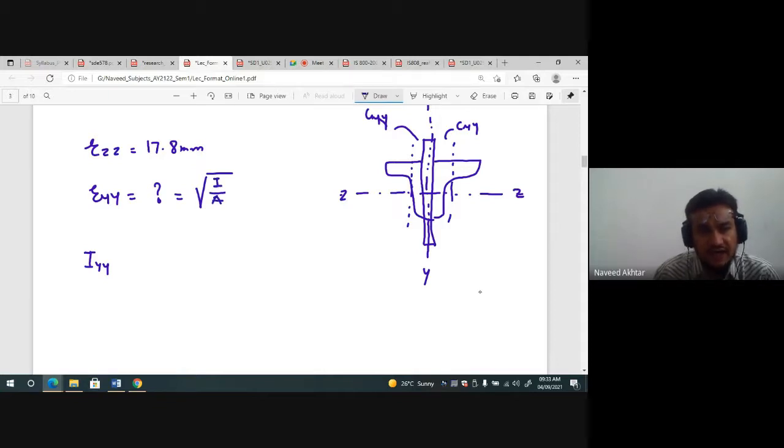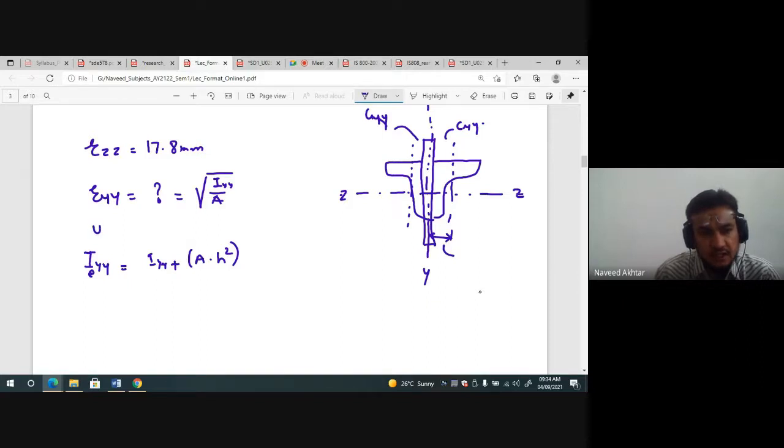So we have to find IYY. Okay, IYY about the YY axis is equal to IYY plus A into H square. H is nothing but the distance from this CG. It is different.